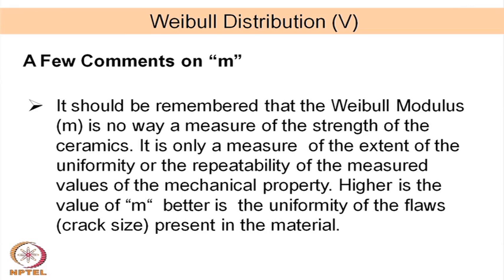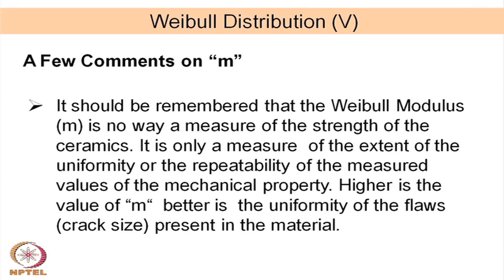So, a few comments on m. The most important parameter out of this statistical analysis is the modulus, or the Weibull modulus m. It should be remembered that the Weibull modulus m is in no way a measure of the strength. It is not a strength.